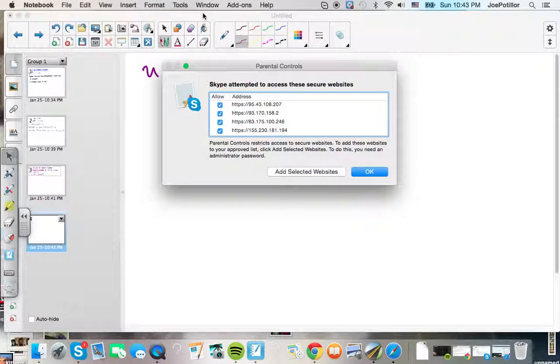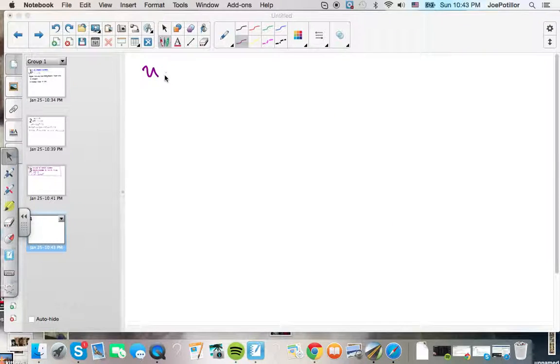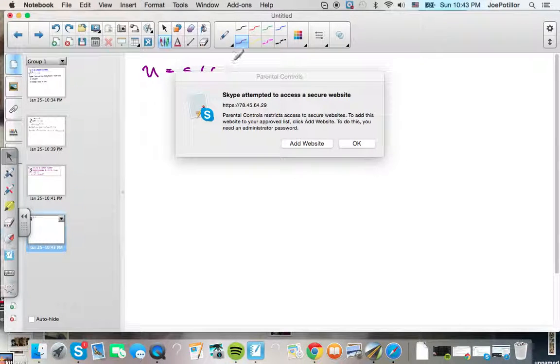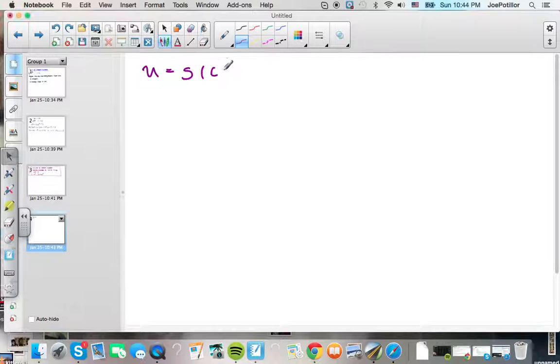So we'll let u equal s times cosine of beta plus i sine of beta.